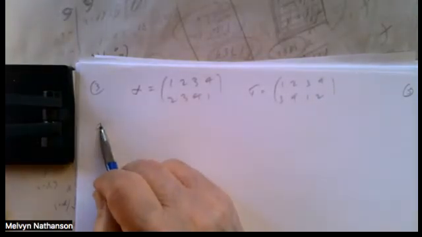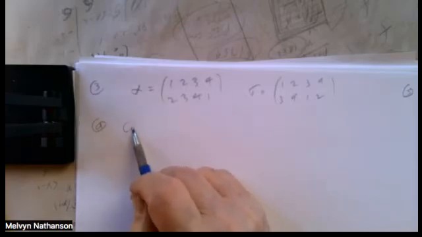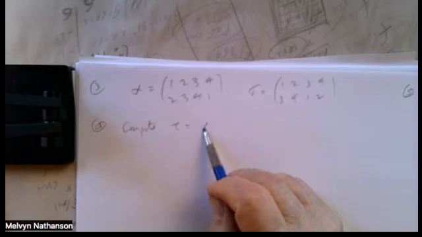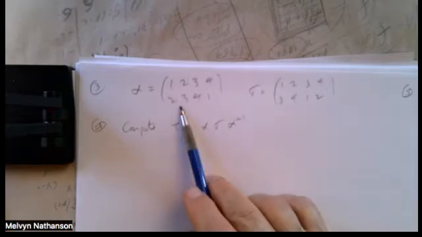And we want to compute the permutation tau, which is alpha sigma alpha inverse. Of course, we have to know this is alpha, this is sigma. We have to know what is alpha inverse.